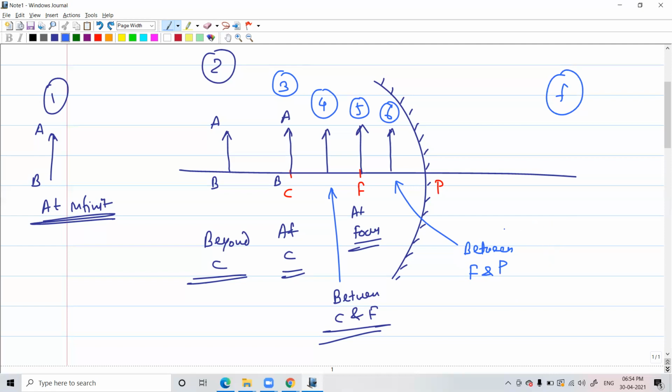It means between focus and pole. And of course, whatever you have understood, that is correct. It means that in the sixth case, the object is within the range of the focal length. So if the focal length is 15 centimeter for this mirror, that means your object is within that 15 centimeter of the mirror. Okay, but that's not how you will write it.